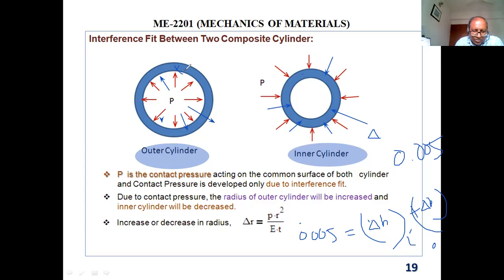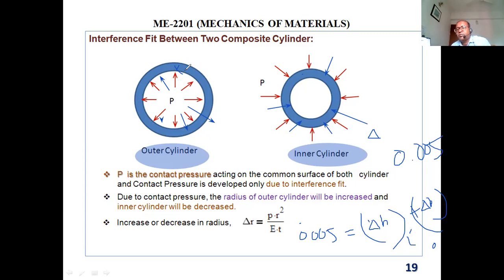Also, I'm not sure who will teach you machine design in the next semester. In machine design, we teach thick wall pressure vessels, and we see that if there is interference, it is beneficial. Number one, it is easy to manufacture and the cost is low compared to making it with one plate. Another thing, due to the contact pressure, you can pressurize more.